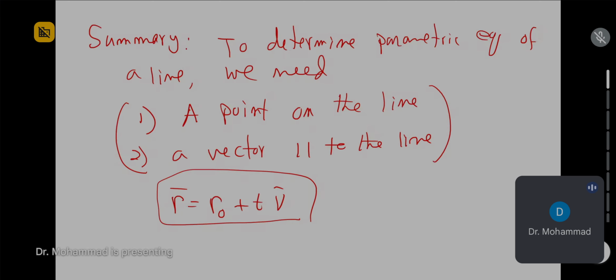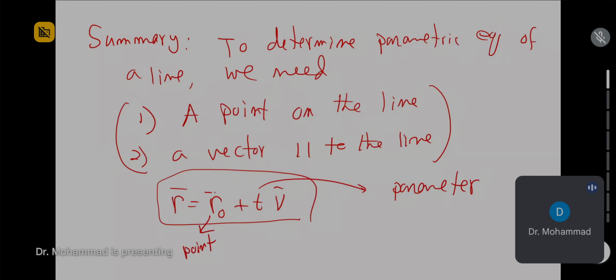No, R naught is simply a point, and T is also the parameter, that is also a scalar. Okay, I think I'm wrong.